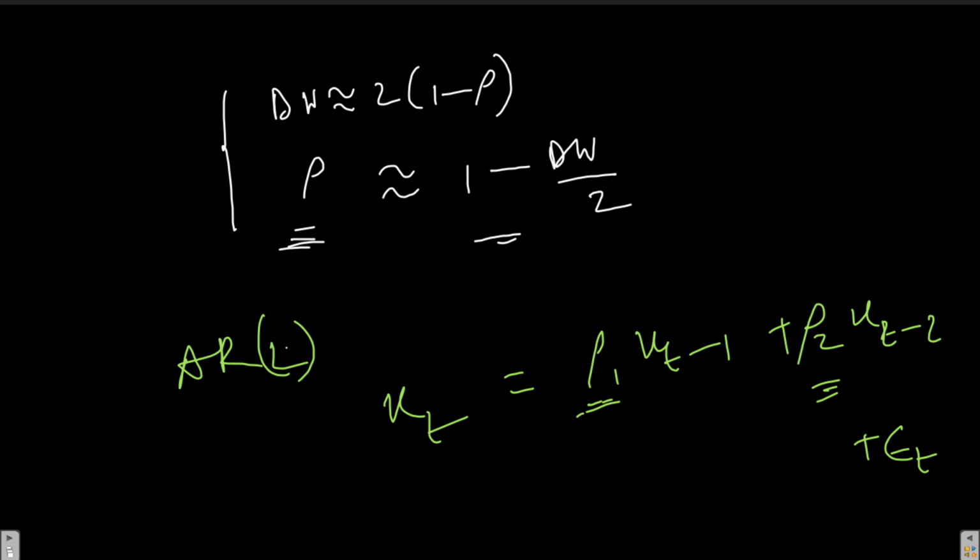But usually when you use software, you can mention AR1 process or AR2 process, and the software is smart enough to identify values of rho 1 and rho 2 to get the model almost error free, plot the data, or do the tests to give you the right values of rho 1 and rho 2.